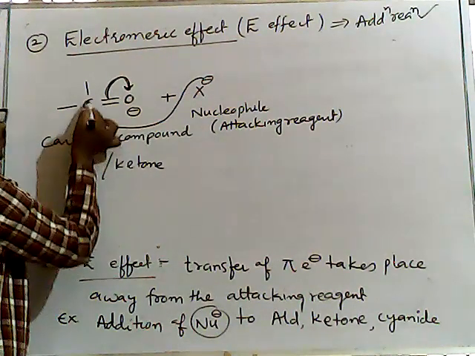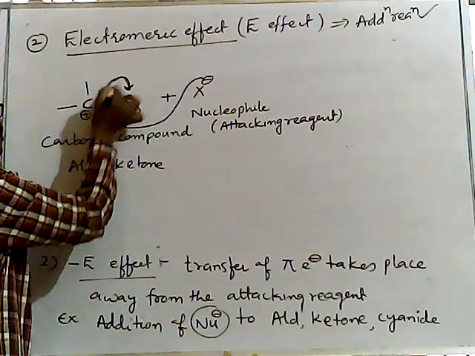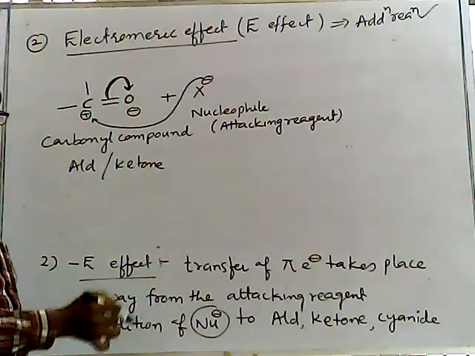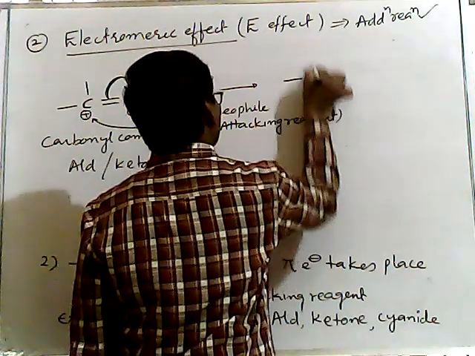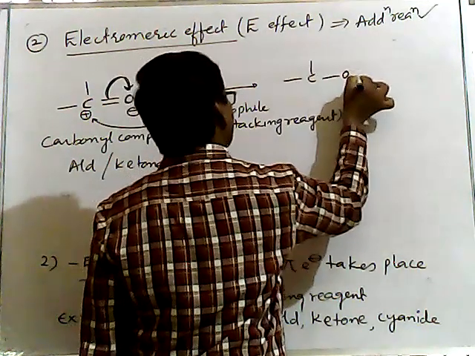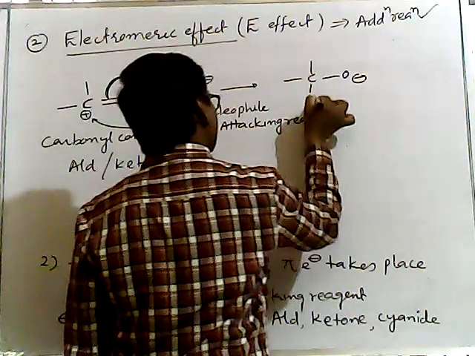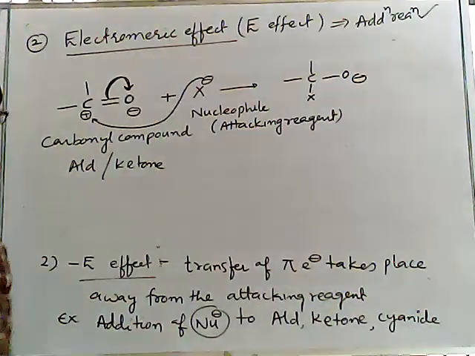The attacking reagent is coming towards this carbon, but the pi electrons are moving towards the other atom. So this is the minus E effect. Here we can write O negative charge, and here we can write X. So this is about the minus E effect.